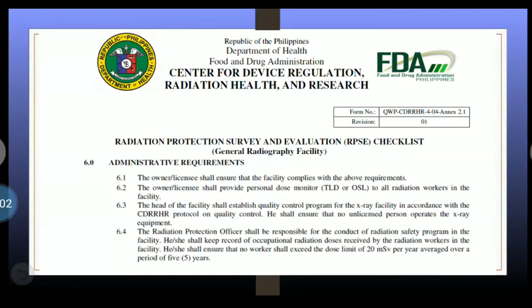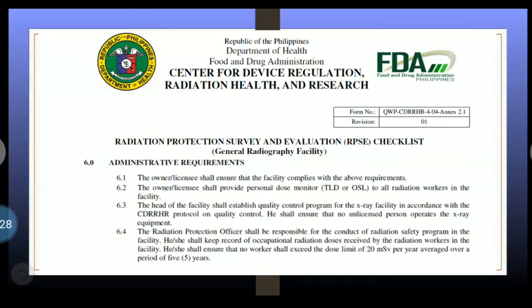Or no, wait a moment. Based on the FDA, one of the guidelines of the Department of Health, we need to have a basis. Why do radiology facilities have or should have these types of instrument?